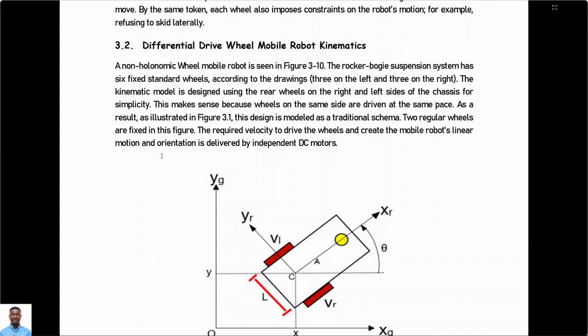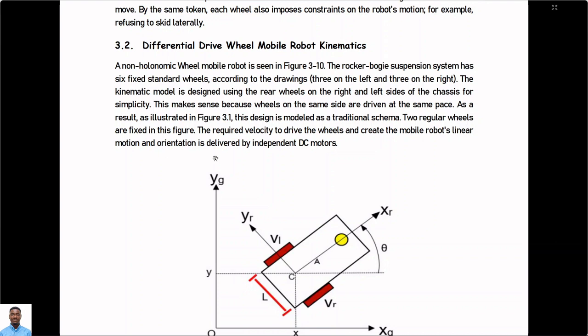It's not as though a single DC motor is controlling all the wheels, but every wheel has its own DC motor attached to it. So that is what is called a differential drive wheeled mobile robot.